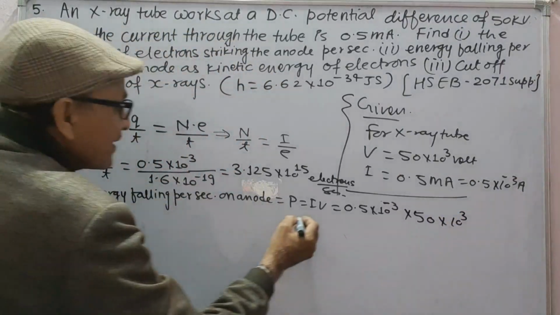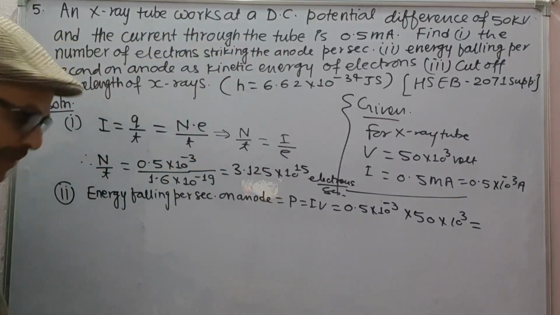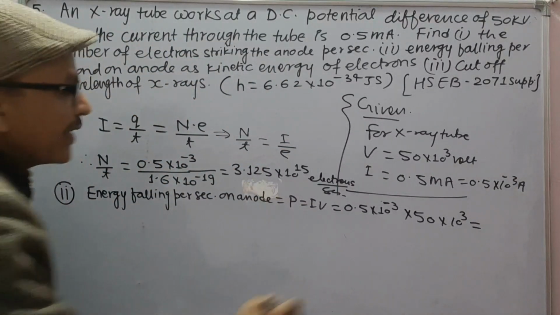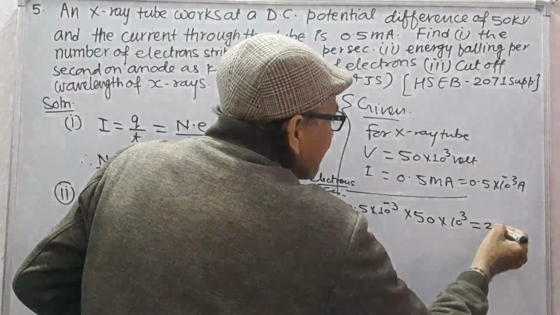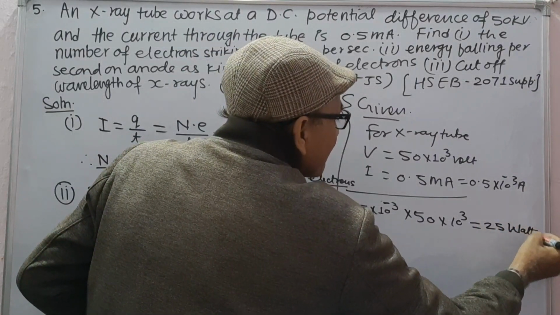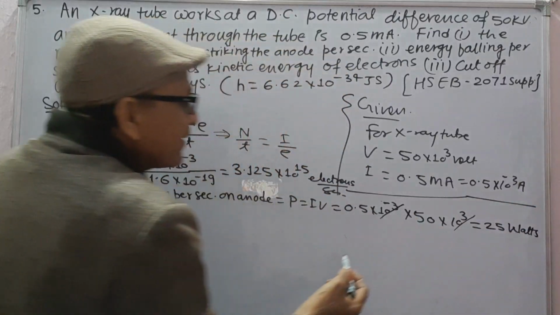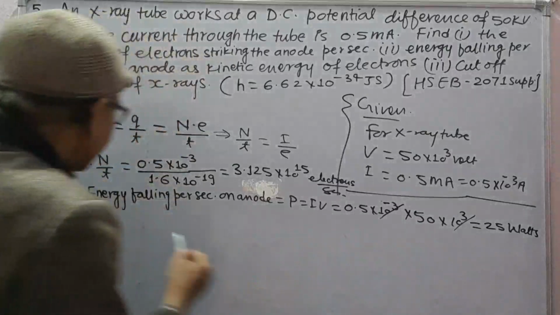On simplification, we get the energy falling per second on anode as 25 watt, because this cancels this and we get 25 watts.